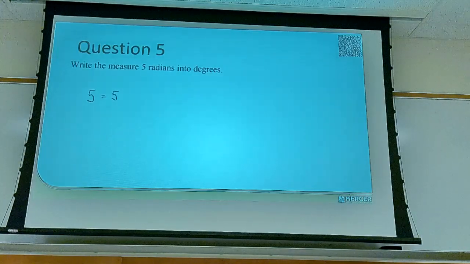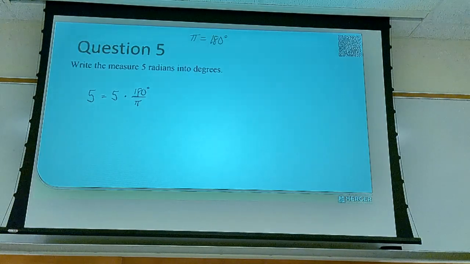But by the definition of a radian, it's 180 over pi degrees. So you just multiply by the conversion factor of 180 degrees over pi.